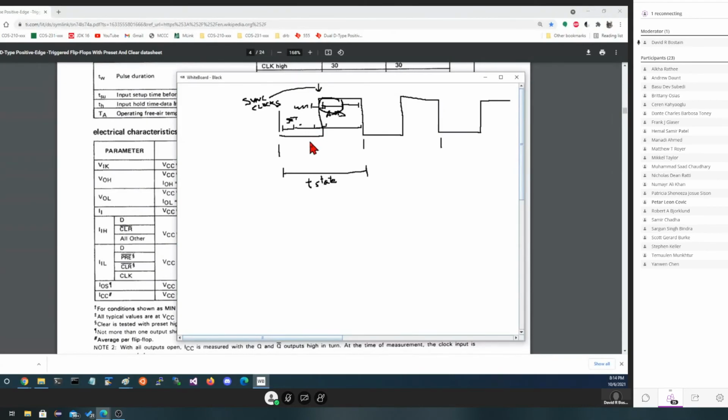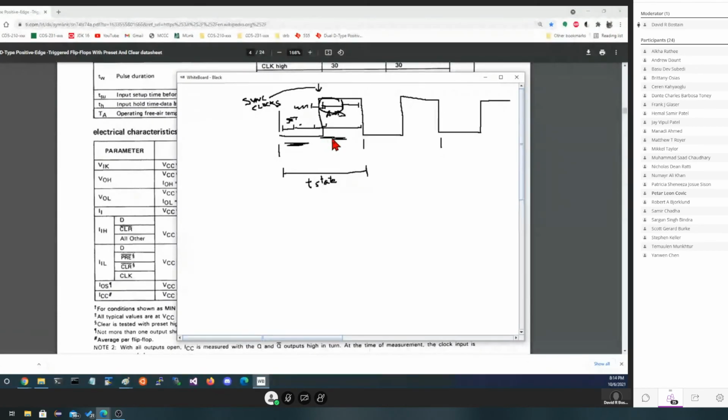But the important thing here, and what I want you to get drilled in your head for the moment, is that when we transfer things, there's a safe time for things to be changing, and there's a time when it must be absolutely still. We want to always capture it when it's absolutely still. Usually it precedes this very slightly because it needs to have setup time on it, and we know it has to last at least hold time after.